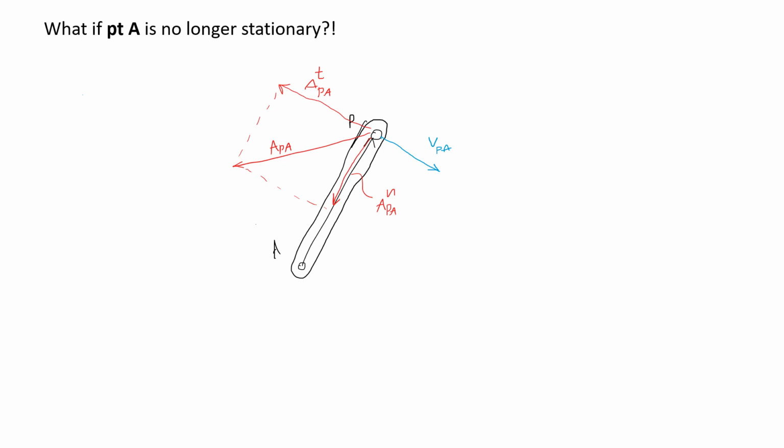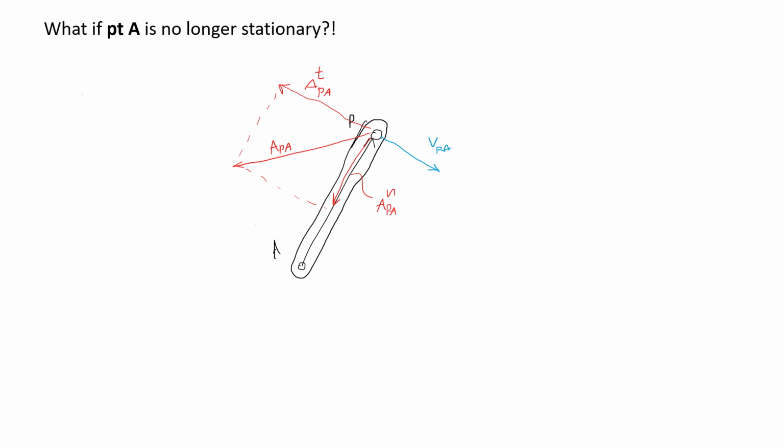So what if point A is no longer stationary? As we drew this system previously, the point A was just pivoted. You only had the rotary movement possible. But in this particular case, we're assuming that this is no longer the case.